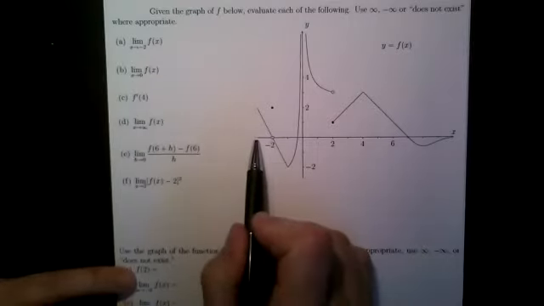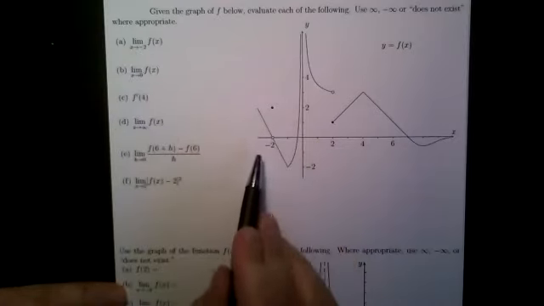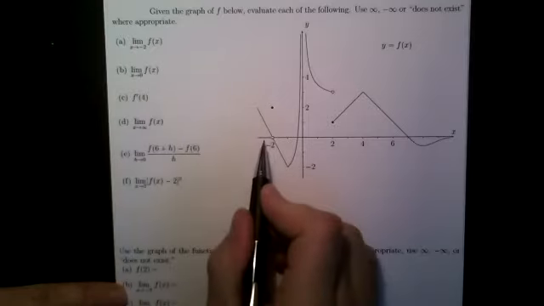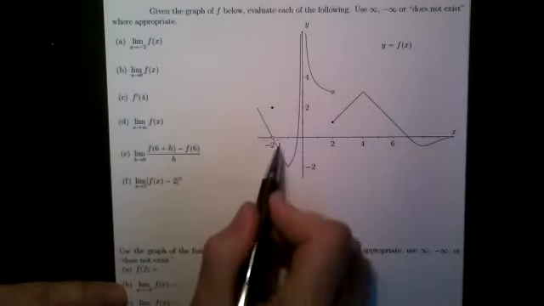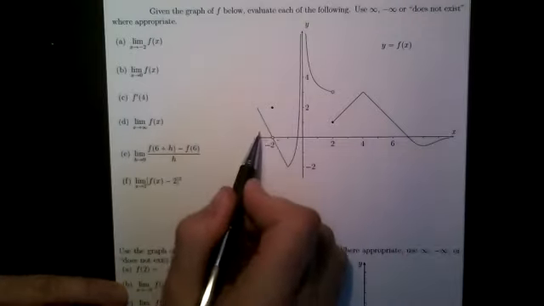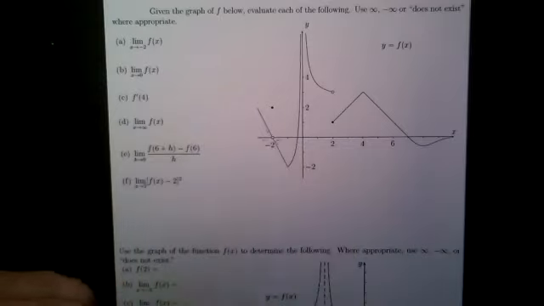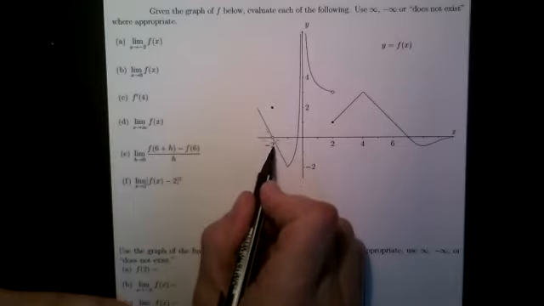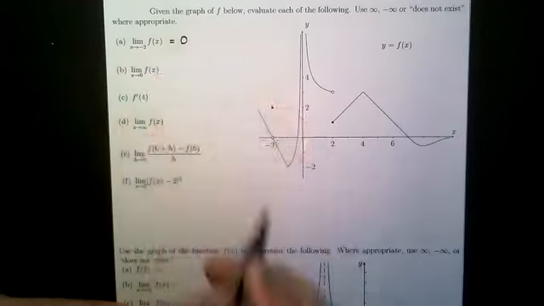No, sorry, I'm looking at the wrong side. From the left, it's 0, and from the right, it's 0 as well. So the closer x gets to -2, the closer my function gets to this open dot. Even though the function is not equal to 0 at -2, it still approaches 0. Very good. So the answer here is 0.